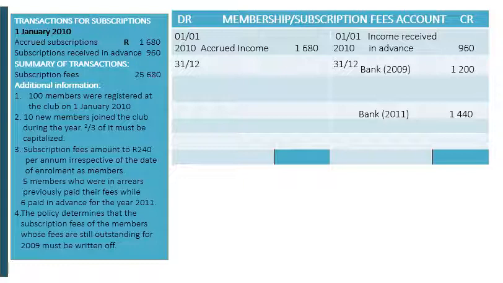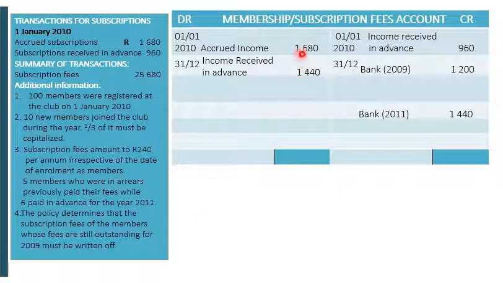We will therefore create an adjustment account called income received in advance, debit the account with the same amount, 1,440.